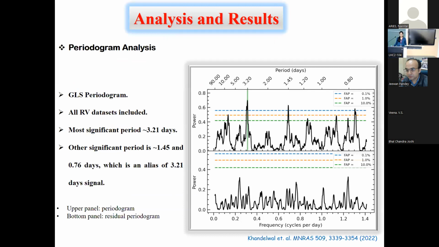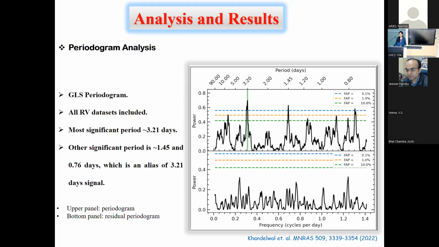So independent of the transit or a photometric method, we also tried to check the orbital period with our RV observation. So for that, we did the generalized Lomb-Scargle periodogram on the RV data sets, and we found the most significant period is at 3.21 days. So here on the upper panel, you can see the generalized Lomb-Scargle periodogram, where this green line represents the 3.21 day signal, and there are also 2 other significant peaks.